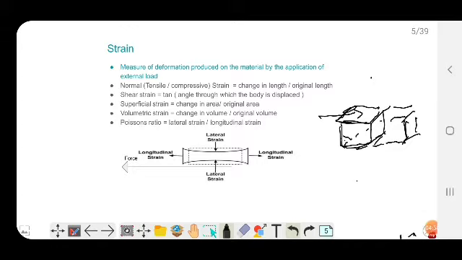So we are producing an angular deformation in such cases, and shear strain is given by tan of that angle.